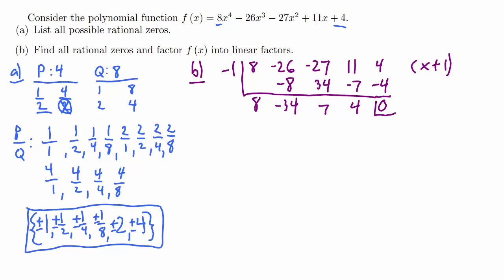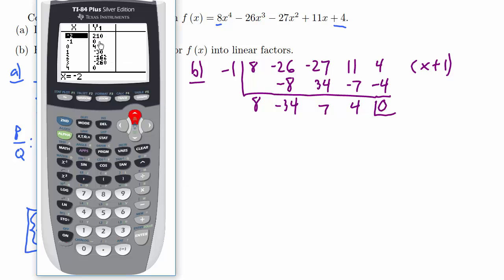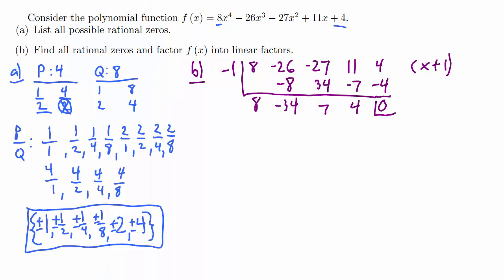Now let's go back to the calculator. So there's a 0. Oh, look, there's another 0, and that's the number 4. So I'm going to prove synthetically that the number 4 is a 0. So 4, bring down the 8, multiply, add, multiply, add, multiply, and add.